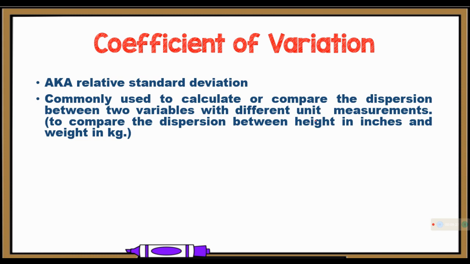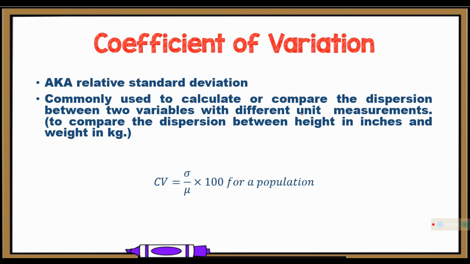Since height is length, while weight is mass, it is difficult to compare the two datasets. So, even if the height has a greater range or standard deviation compared with the weight, we cannot say that it is more dispersed than the weight since they use different units of measurement. So that problem can be addressed by the coefficient of variation.